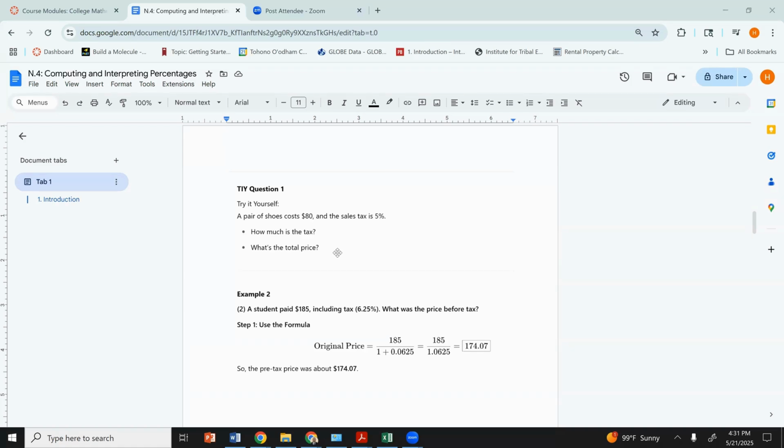All right, so let's go over the try it yourself question that you just did. Basically, this is similar to the prior question. If we want to know how much tax we paid, we're going to say tax is equal to the original price times the tax rate.